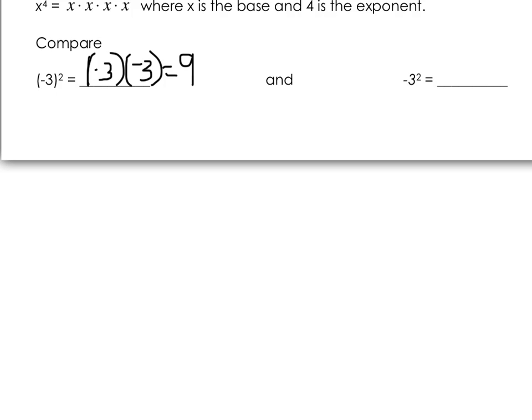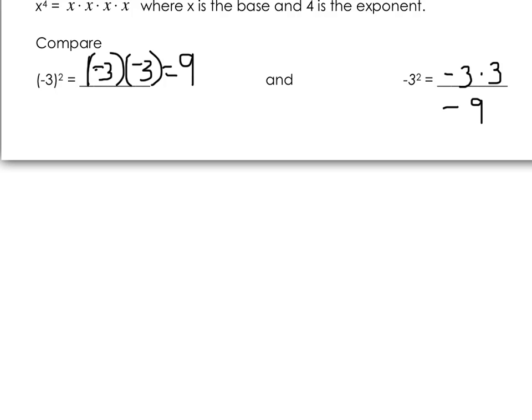What happens if you have negative 3 squared? This time, what are you squaring? Before, we were squaring the negative sign because the negative sign was in parentheses. This time, the negative sign is not in parentheses. That means it's out front waiting to see what happens when you square the 3.